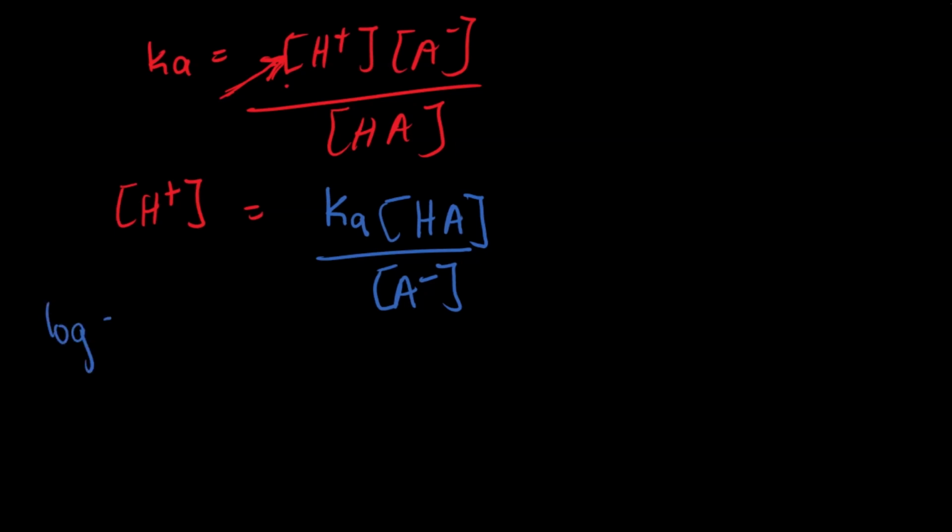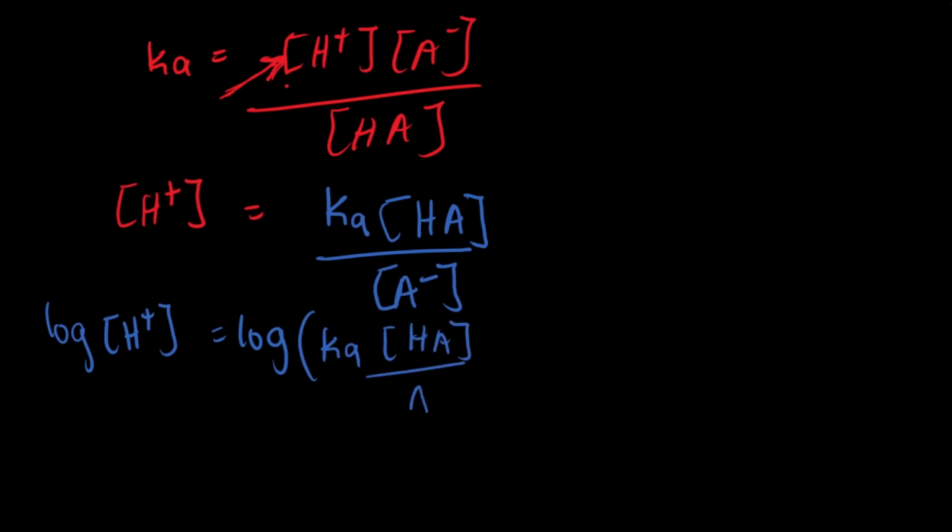Taking the logarithm to the base 10 of both sides, we have log of the hydrogen ion concentration is equal to the log of the Ka multiplied by HA divided by A minus concentration. All of this is in concentration.